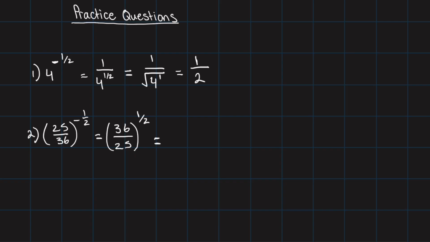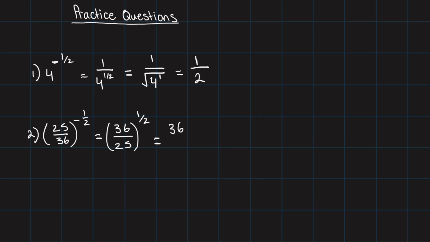Now, to write this in radical form, you have to remember, this is why I keep reiterating that you have to pay very close attention to brackets and what exactly that exponent is being applied to. That 1/2 is being applied to everything in the bracket.